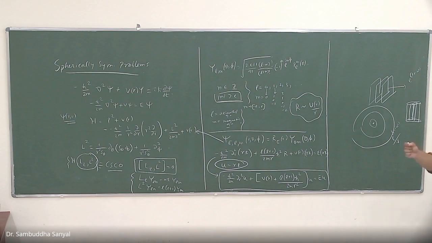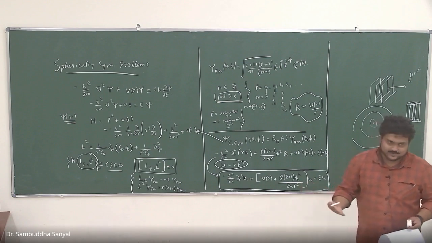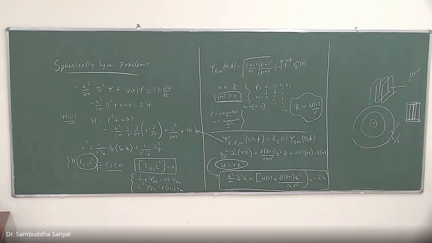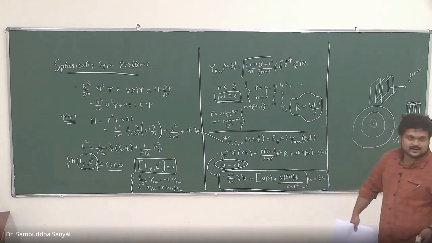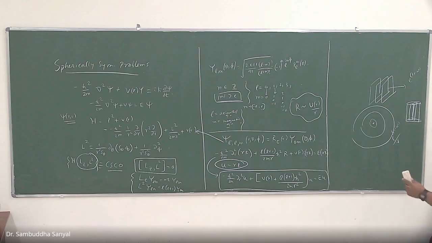If you start with a point source, point charge, point mass, and go out to distance r, you cover a surface, and the number of flux lines should be the same. This is why gravity is 1 by r square, and Coulomb is also 1 by r square. It's not a random coincidence. It's because of that conservation. And if you go to 2D, it will be a different form. You'll get logarithmic gravity.